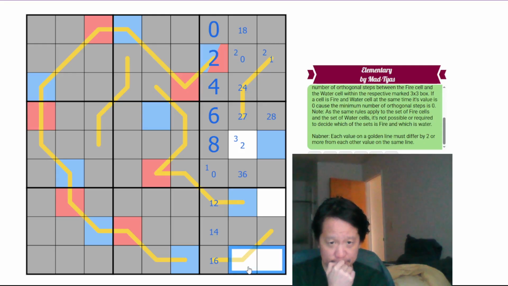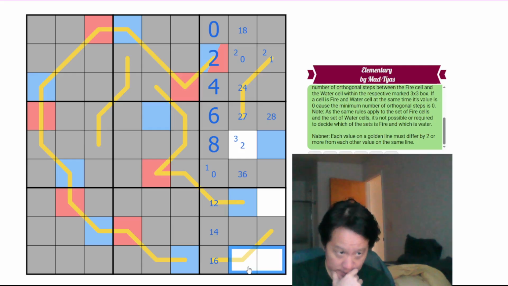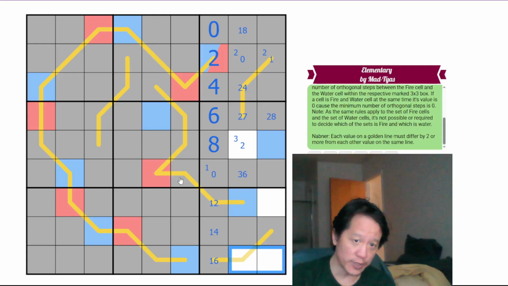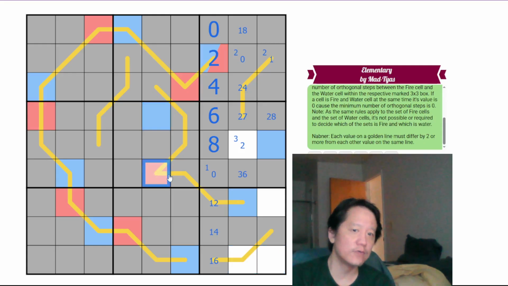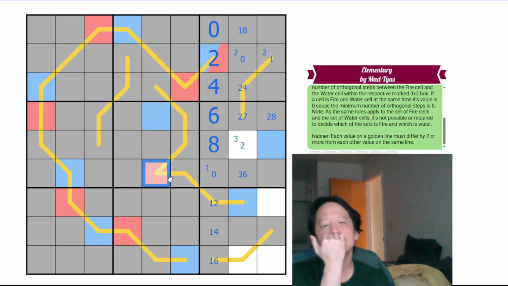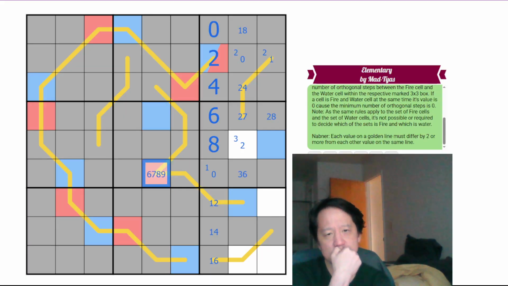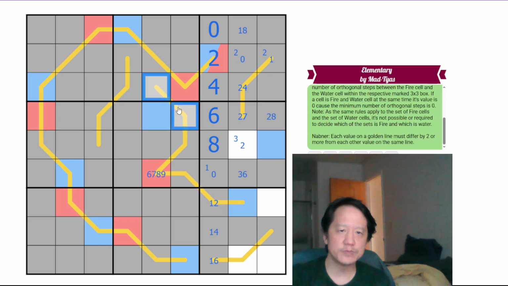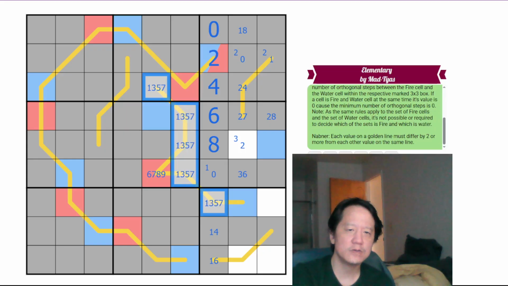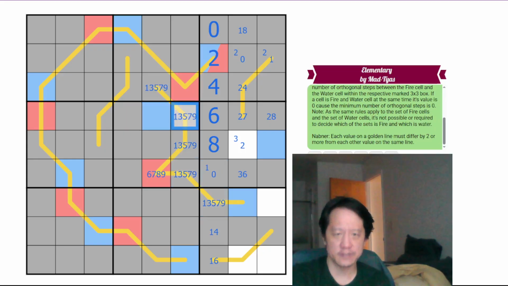Is what I'm thinking of. So it'd be 1, 3, 5, 7, 9. For 2 away, it would not be 5. So it would have to be 6, 7, 8, or 9 here. This would be 1, 3, 5, 7, 9 here as a set.